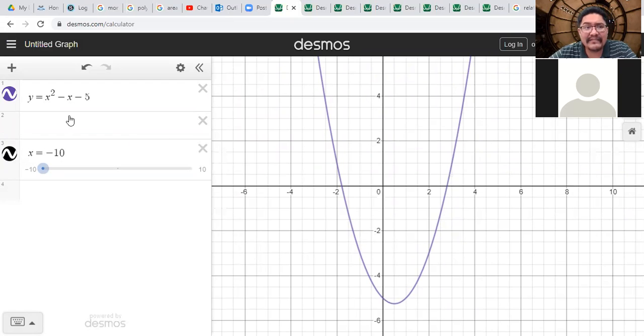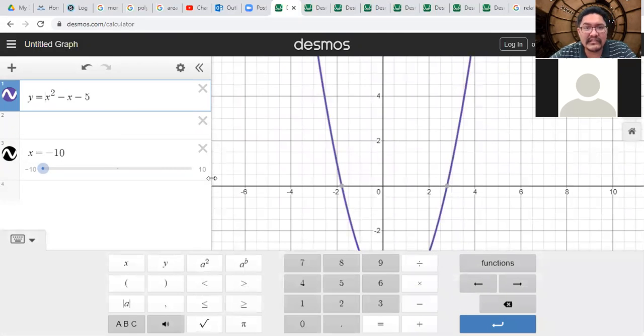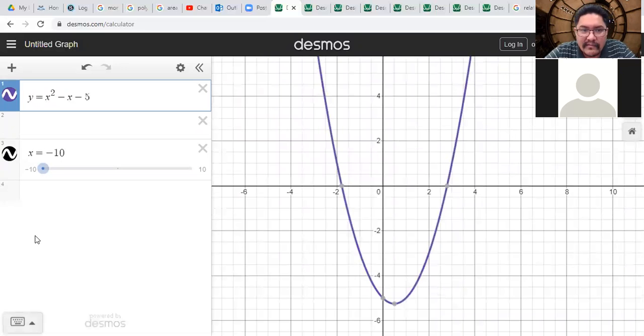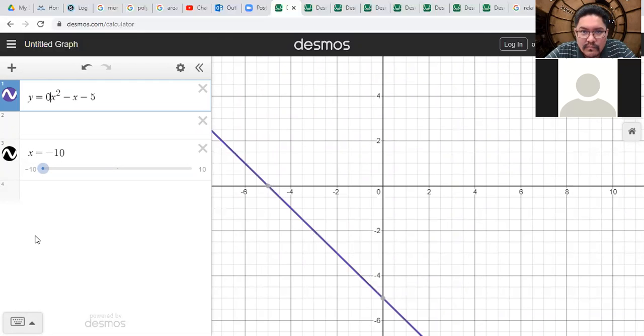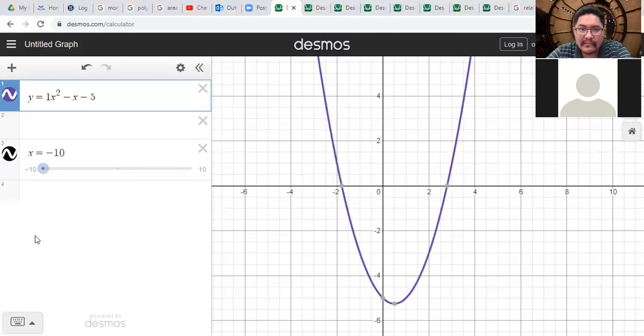But what happens if I make the leading coefficient 0? I'm going to type 0 into this function so that our x squared is now 0. Keep an eye on it. Here we go, in 3, 2, 1. We end up with a linear function. And if I put something back there, it goes back to being a parabola.